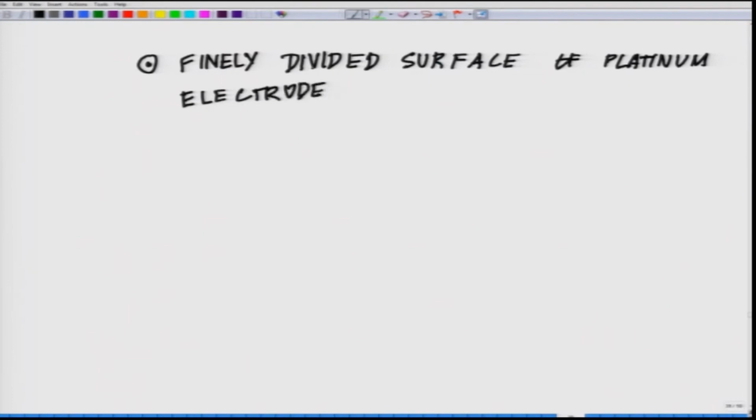The next important point is the HCl solution with an activity of H plus ions as 1.